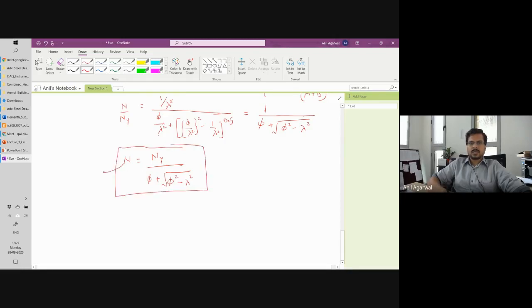There N is my failure capacity as per the theory. That's how failure is defined. And Ny is the yield capacity of the cross section. And this phi, etc., we have derived along the way. What is happening with this? So in this expression, N is the failure load or the column capacity, you can call it, and Ny, of course, you know, yield capacity.